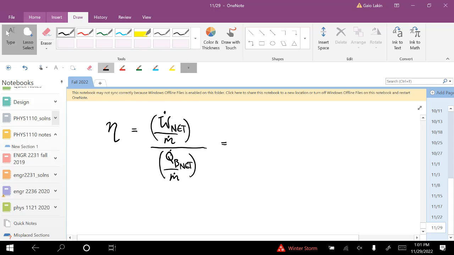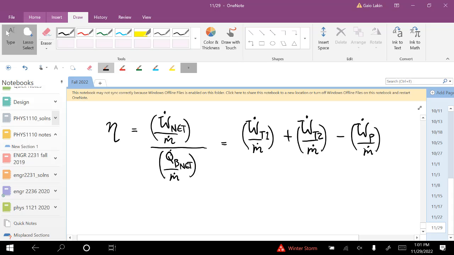So this is the work dot for turbine 1 divided by m dot, plus W dot for turbine 2 divided by m dot, minus the work put into the pump divided by m dot, all divided by the heats at those two steam generators.